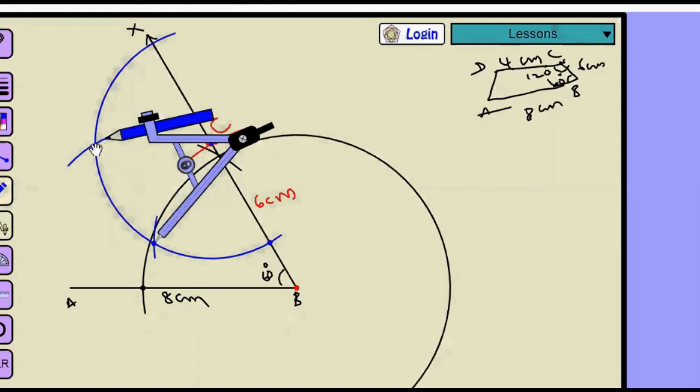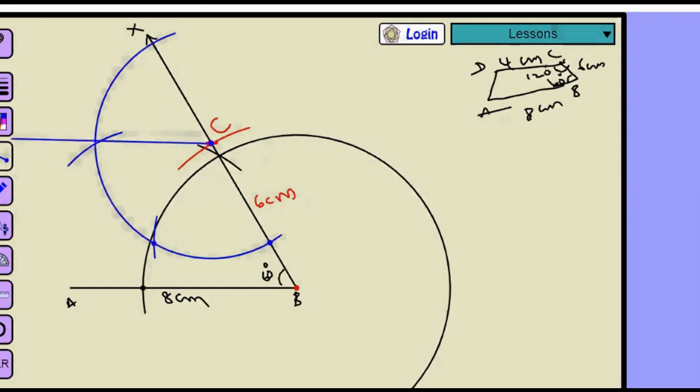Now here we are getting the point for 120 degrees. Now remove the compass and draw a ray CY. Draw a ray CY, and label here Y. And you should write the angle 120 degrees.